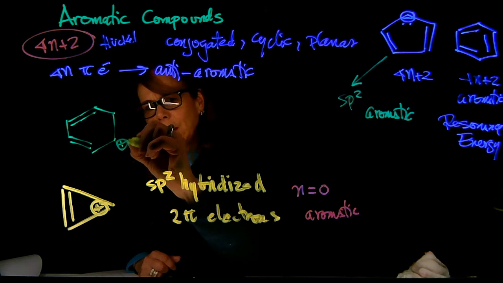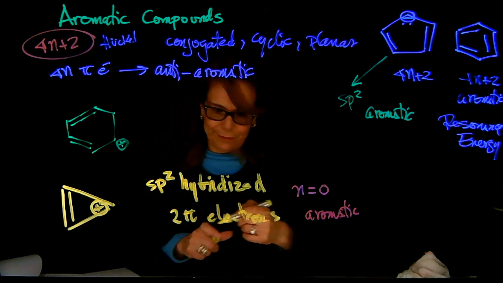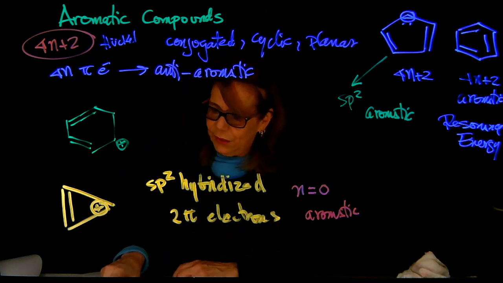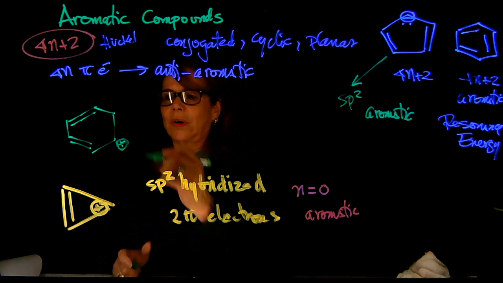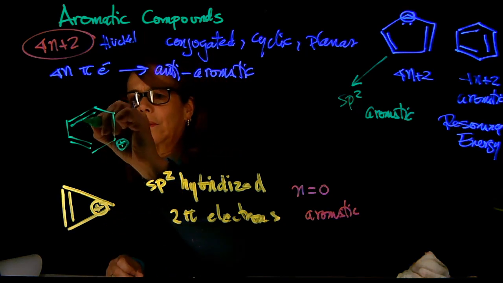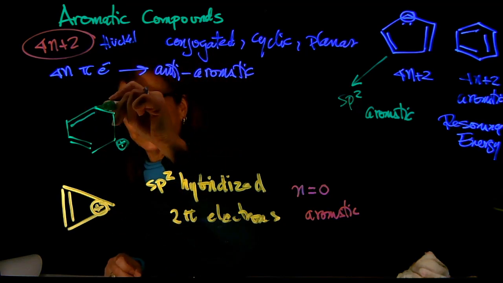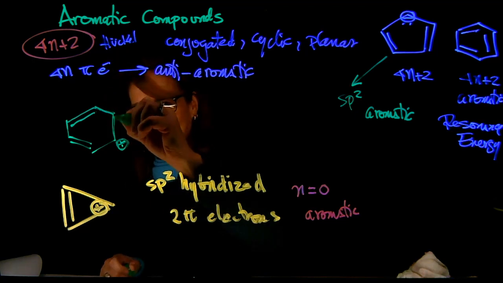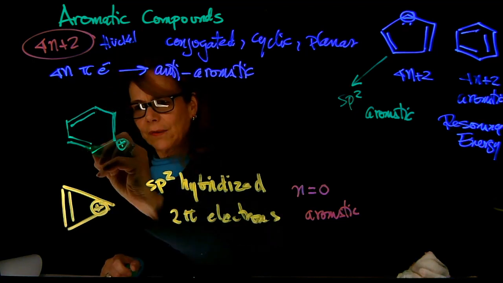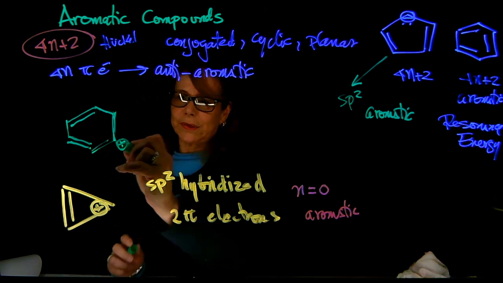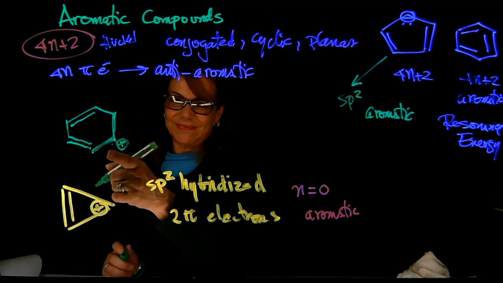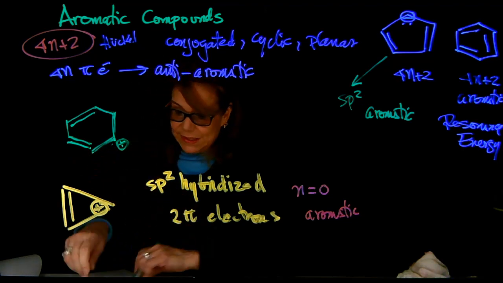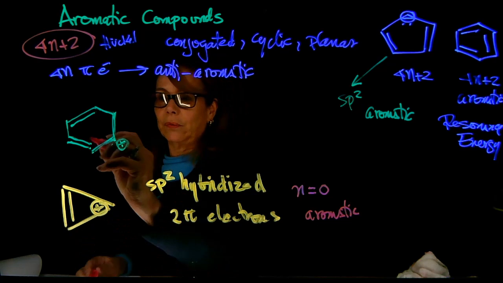Now let's draw another compound here. This is the structure. Now here you have a cation, and with this cation we can do resonance. I'm going to draw on top of that to make it darker. This is adjacent to a double bond, so it is allylic, and we can do resonance here.